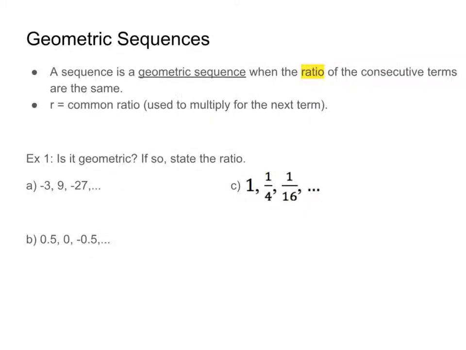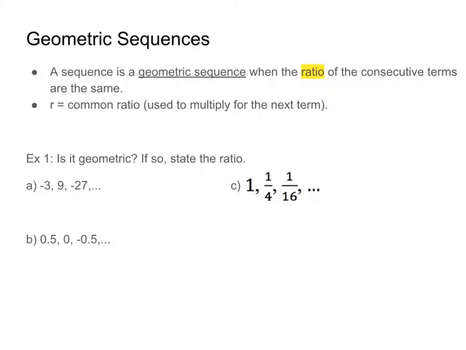So now we're going to be talking about something called the geometric sequence. Unlike an arithmetic sequence, we have this common ratio that we multiply by to get the next term. In an arithmetic sequence, to get the next term, you either add or subtract a number.